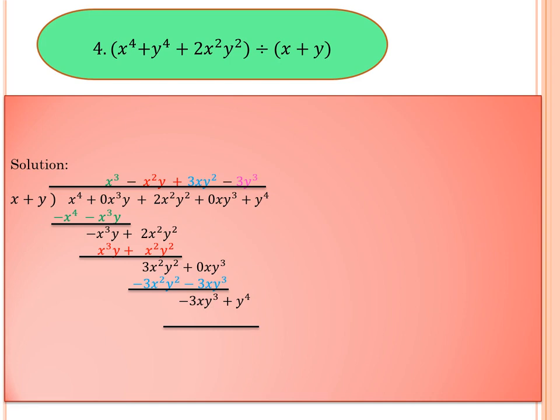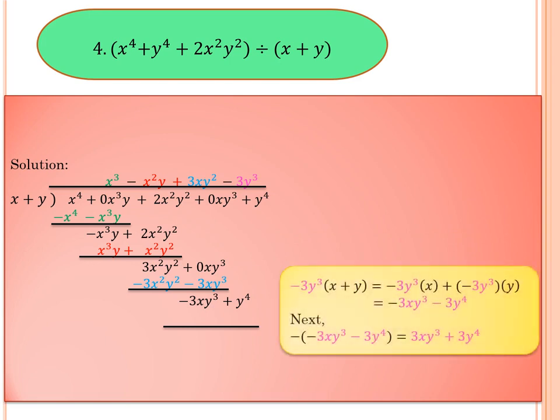So, again, yung first term natin dyan, divided natin ng first term ng divisor, which is negative 3xy cubed divided by x will give us negative 3y cubed. So, si negative 3y cubed would be the fourth term of our quotient. Now, multiply natin yan sa bawat term ng ating divisor.